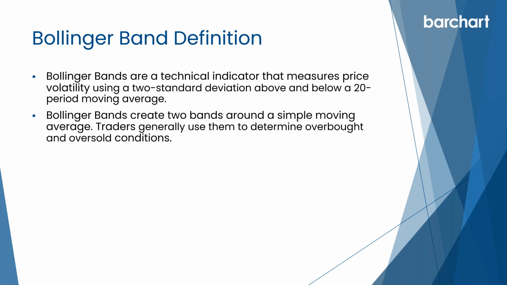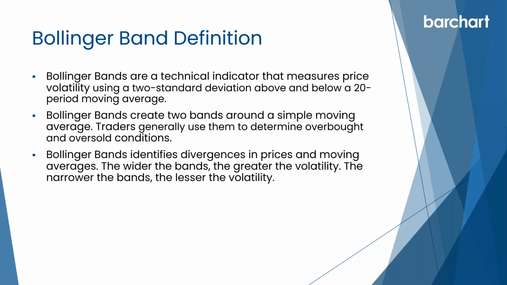So outside or on is a low probability occurrence, but a high probability event. Now, Bollinger Bands identify the divergence between prices and a moving average. And the wider the bands, the greater the volatility. The narrower the bands, the lesser the volatility. Now, these two conditions will play an important part in our application of our analysis.